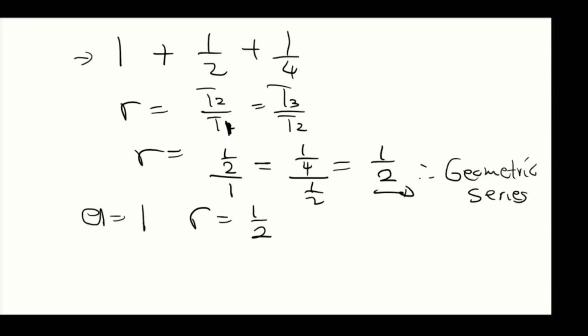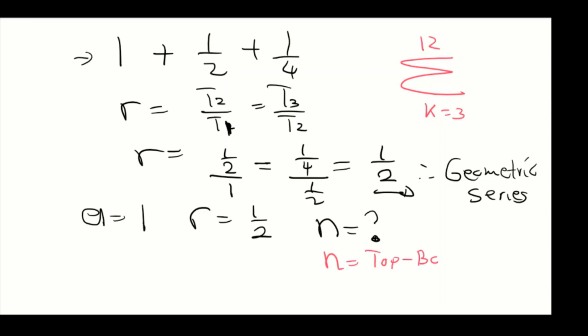But before we do that, we need to identify the number of terms of this sequence. Remember that the sum we were given initially in the problem had 12 on top, when k equals 3. To find the number of terms, we say n equals top minus bottom plus 1.